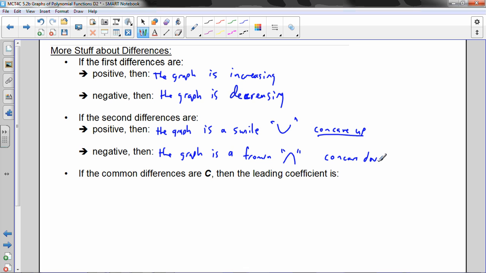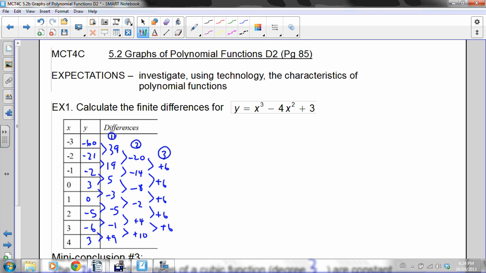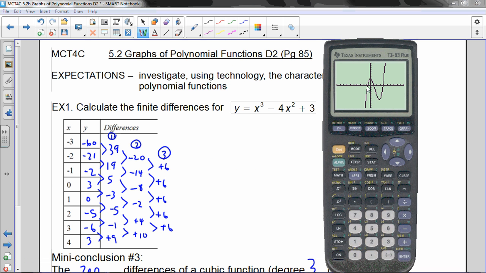So back on my example, I'll show you what I mean. Second differences. Early on, notice the second differences were negative. Well, there's the frown. Do you see the frown? And then somewhere around x equals 1, x equals 2, it turns into a smile. There's the smile. And then eventually, oh no, it looks like it's going to stay a smile. So it's got a frown here to about there, I guess. And then it becomes a smile.